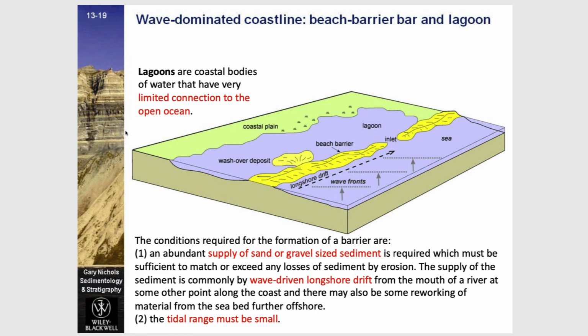So many of the accumulations we find in the lagoon can be influenced by seawater dominated processes, especially if we have sediment moving across the inlet, but dominantly lagoonal settings are relatively quiescent. So closer to the coastal plain we tend to form quite a bit of muddy and silty materials that accumulate in these domains.